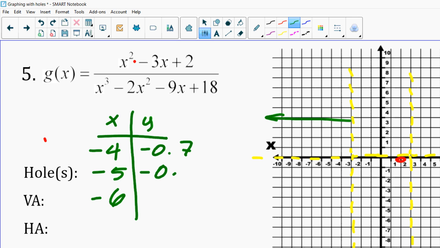So -4, -0.7, -5, -0.4. They're getting closer. Do you know what that piece looks like? Yeah. It's going to go like this.